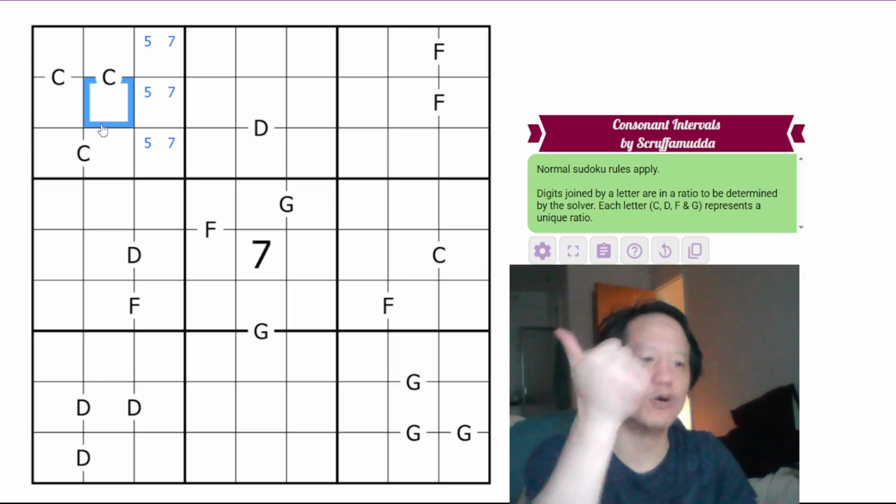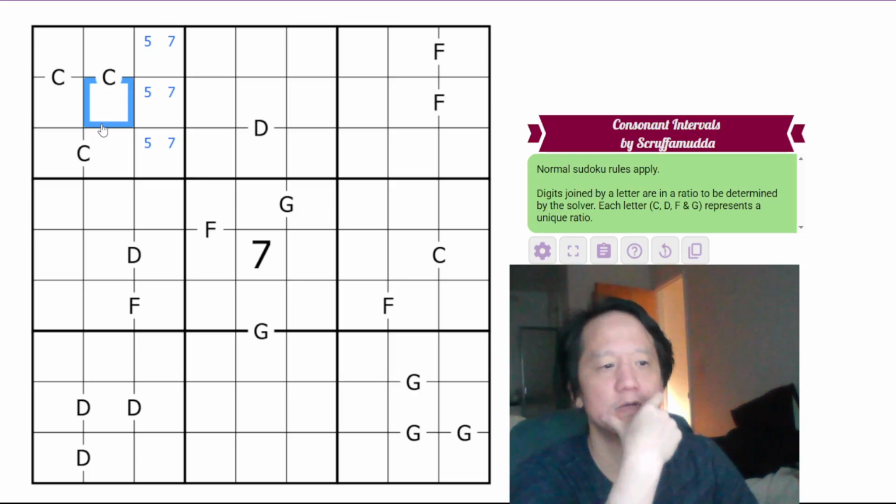So 1 and 8 could not be in a 3 to 2 ratio relationship.